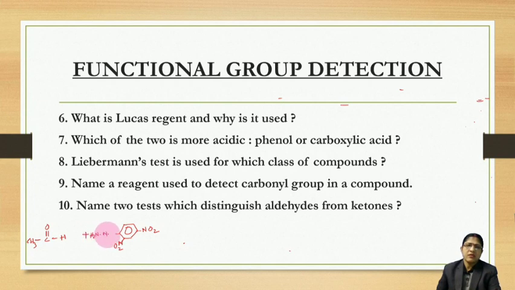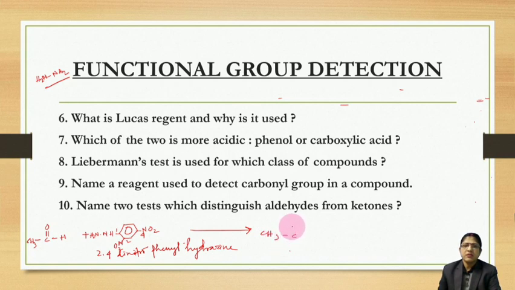Hydrazine is H2N-NH2, but here it is 2,4, that is 2,4-dinitrophenylhydrazine. It forms what? Addition product, CH3CH=N-NH.